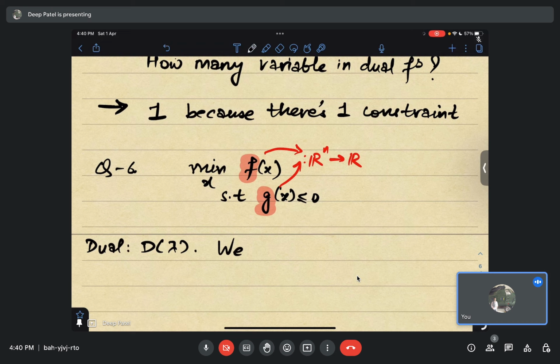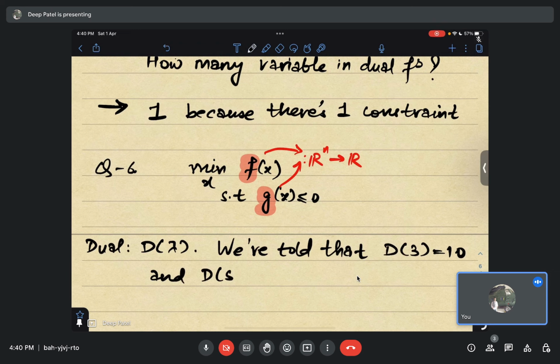We are told that d of 3 is 10 and d of 5 is 20.